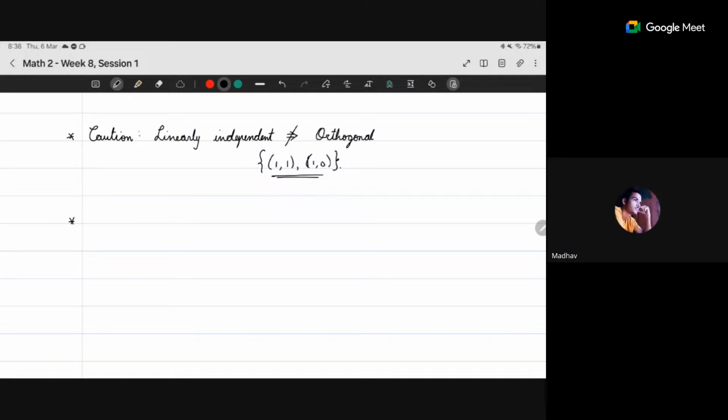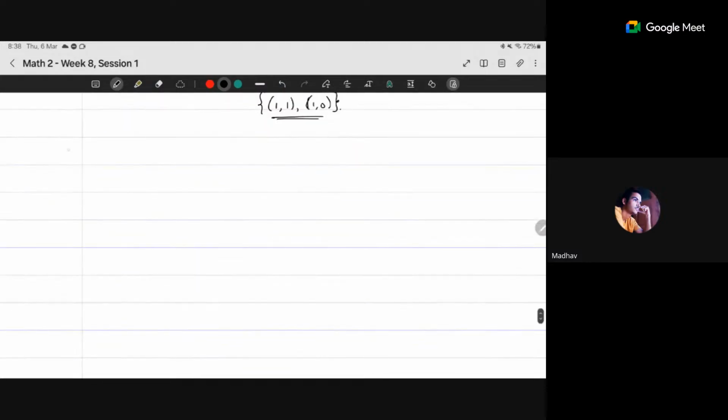Let me give you an example which may make it clear. You have, let's say, (1, 1, 0), (1, -1, 0), and (0, 0, 1). You want to check if this is a basis.